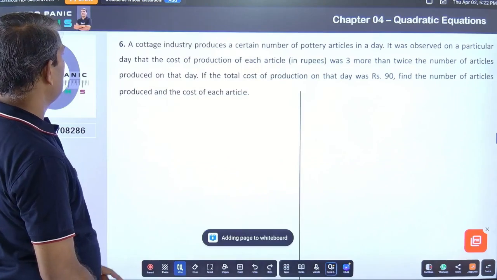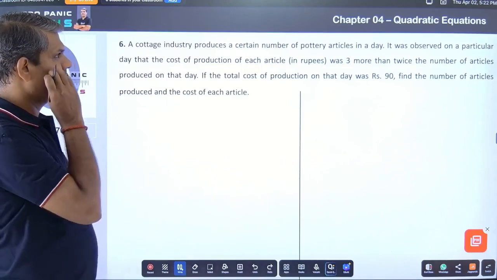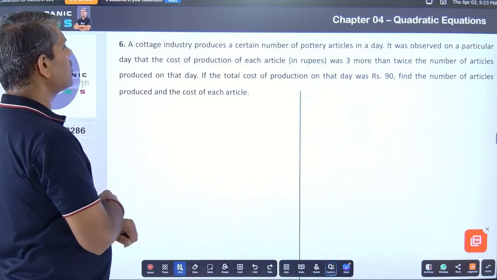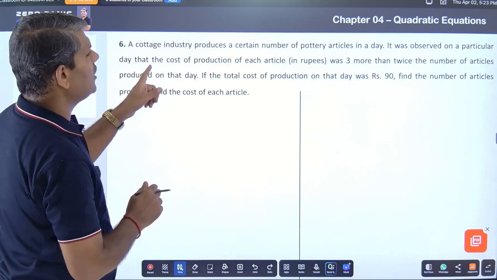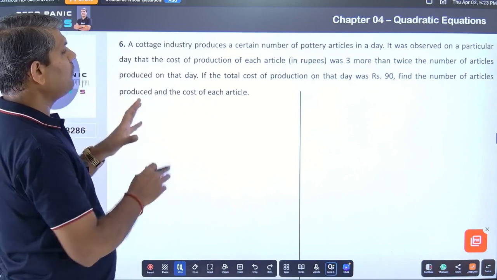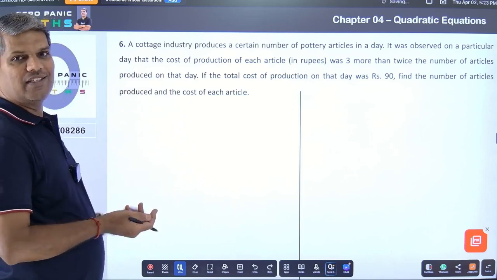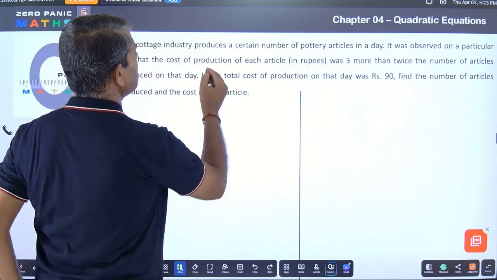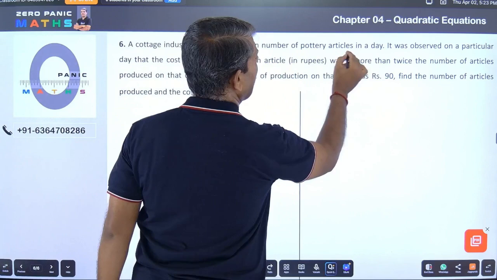Let us see what is there. Now this is the problem which is exactly similar to the problem we have seen in the previous session of producing the toys. Let us read the problem. A cottage industry produces certain number of pottery articles in a day.